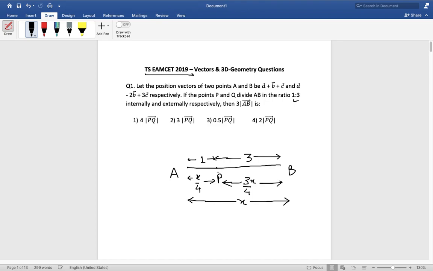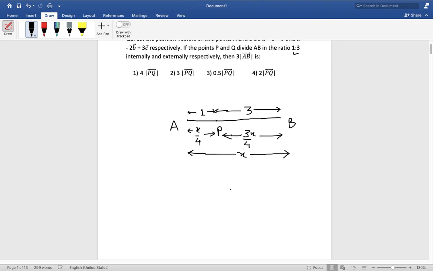Because P divides AB in the ratio 1:3, if this whole length is equal to 4 units, this one should be equal to 1 unit and this one should be equal to 3 units. Now we are saying let us assume AB is of length x, then AP has to be x by 4 and BP has to be 3x by 4, that's it. Now let us look at point Q. Point Q is dividing AB in the ratio 1:3 externally.